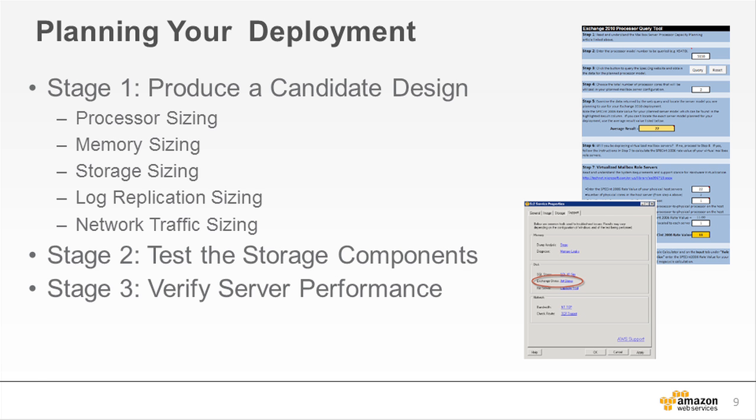Then once you have actually installed Exchange and just before putting it in production, you verify the server performance, and doing so you can use tools like LoadGen in the AWS Cloud just as you would use it in an on-premise world.